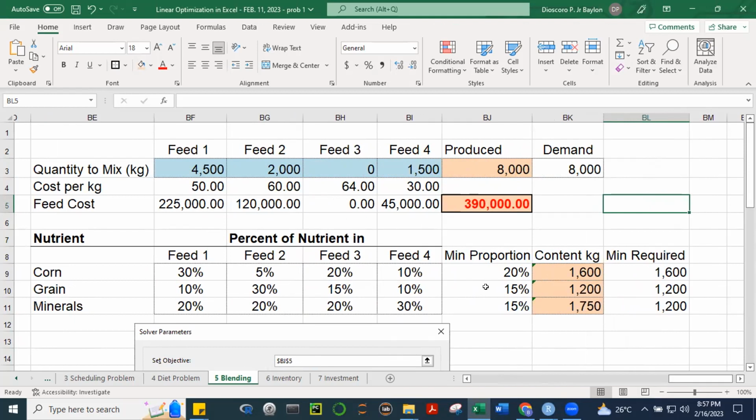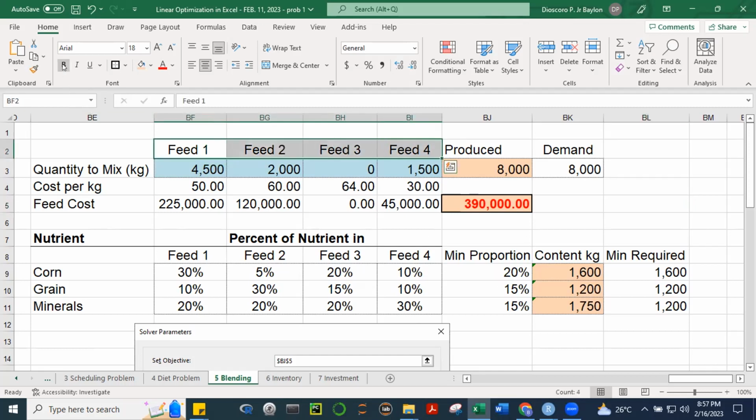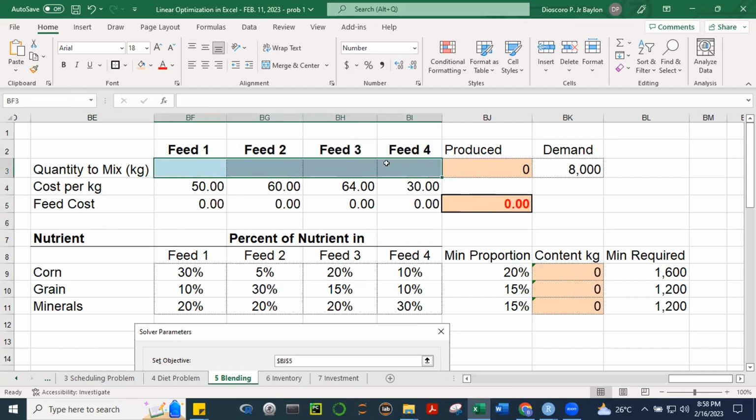Okay, and then it has to be understandable. So here I have the title feeds. These are our decision variables. Initially this was empty at the start. And our objective is to minimize the cost. So I'm given the cost here.